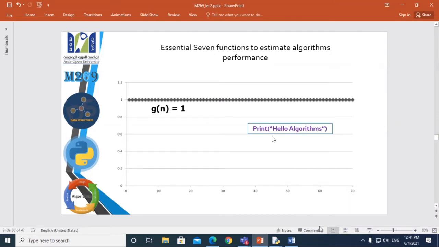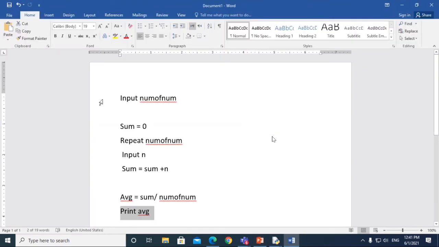You have print hello algorithm, and we are finished. You have to input, you have to repeat, you have to execute an operation, divide, and print. Which one of them will take time?